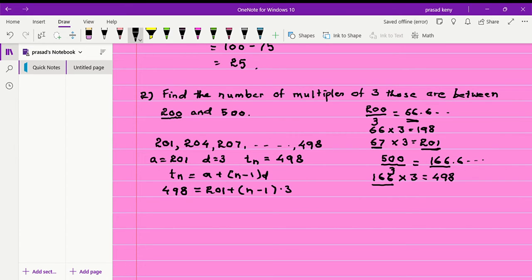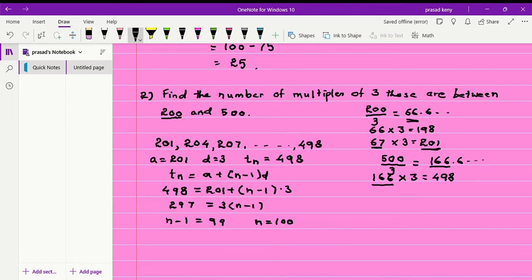So first take 201 on the other side, 498 minus 201, that is 297, and that is equal to 3 into n minus 1, which will mean n minus 1 is 297 divided by 3, which is 99. So n is equal to 100.